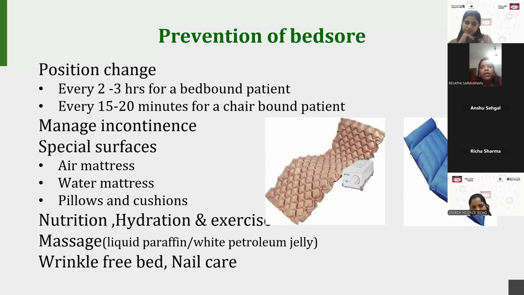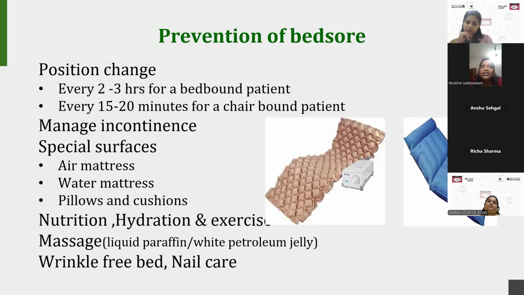Then with the help of liquid paraffin or white petroleum jelly, we can massage the patient's bony prominence areas. If the patient does not have a wound or pressure ulcer but is prone to it, under the risk factors, we can just massage the bony prominence areas.